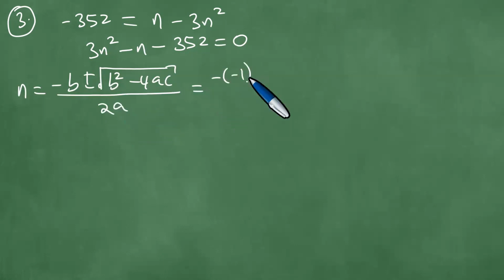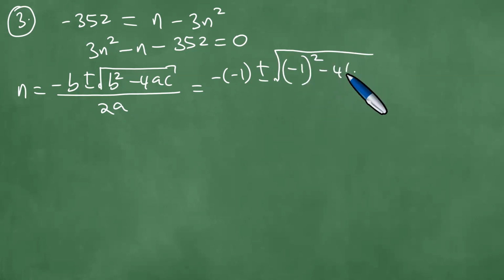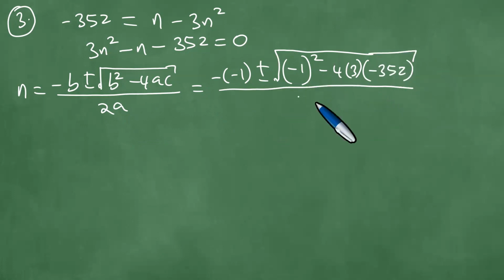Minus b. The b is minus 1. Squared minus 4. A is 3. And c is minus 352. Like this. This is divided by twice a.